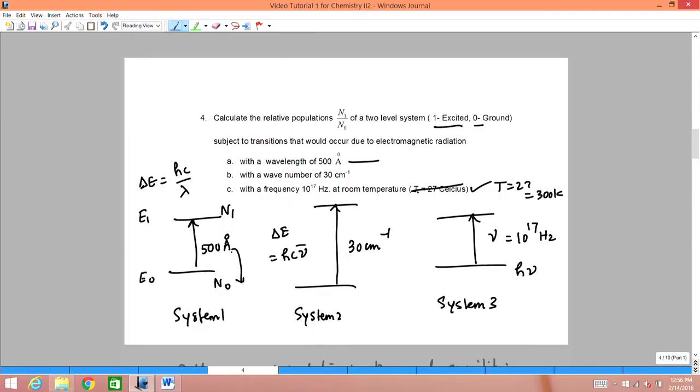So the lambda is 500 multiplied by 10 to the minus 10 to give you the corresponding unit in meters, and this is 30 centimeter inverse, therefore you must multiply by 100 to give you meter inverse, and this is in the right unit hertz, therefore you multiply by h. So you can calculate delta E for this, delta E for this and delta E for this. There are 3 different models, 3 different pairs of energy levels, therefore you get 3 answers.